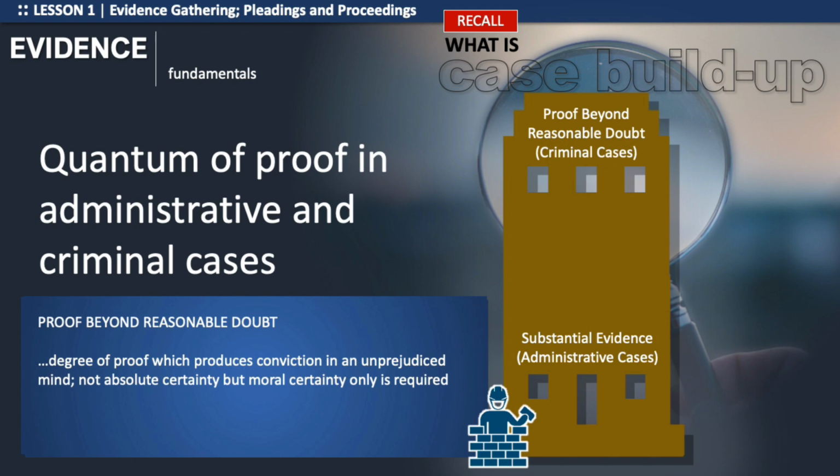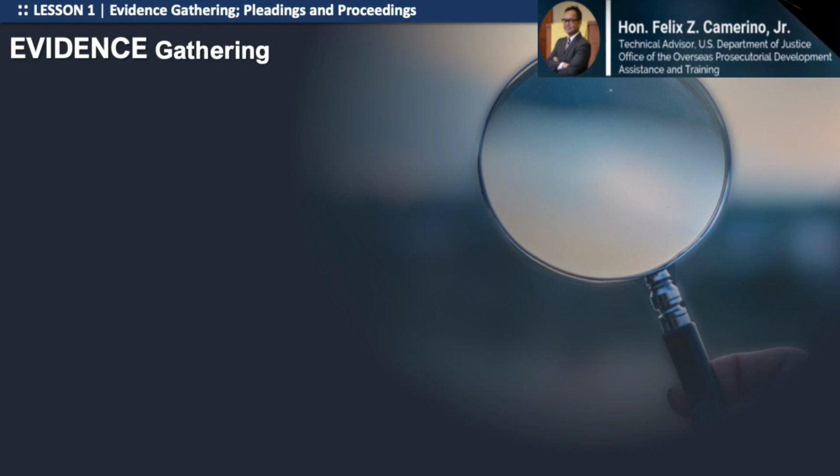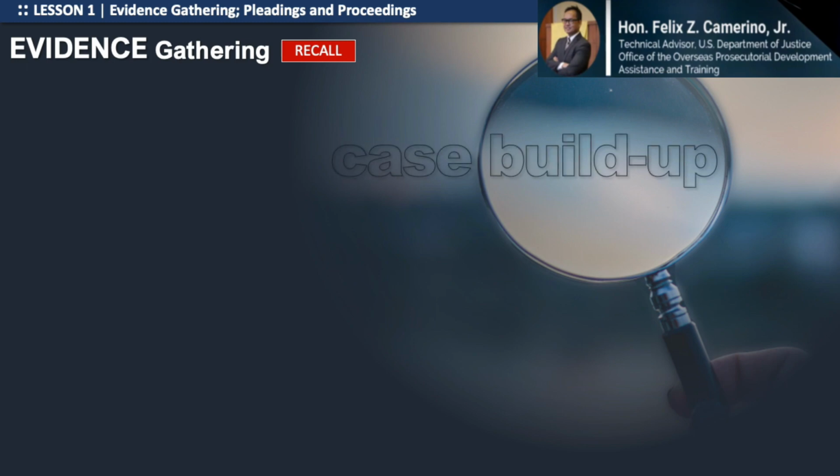So we're done with the fundamentals. Let's jump into the next topic under lesson 1, which is evidence gathering. So here let's start with a recall. Let's take a look at something that we discussed earlier in this module, namely when we were defining case buildup.